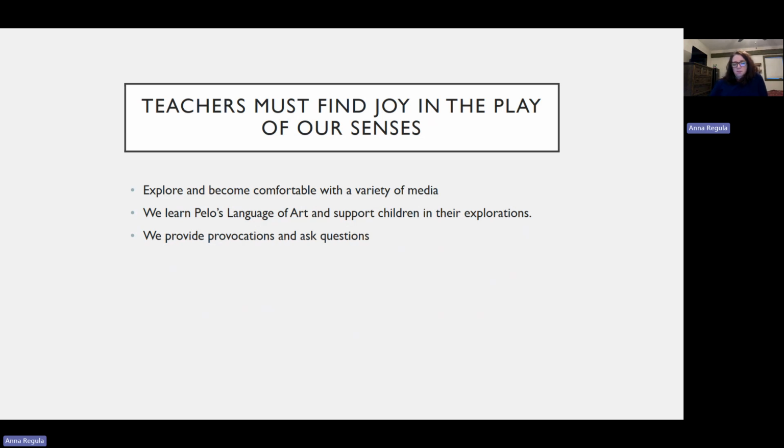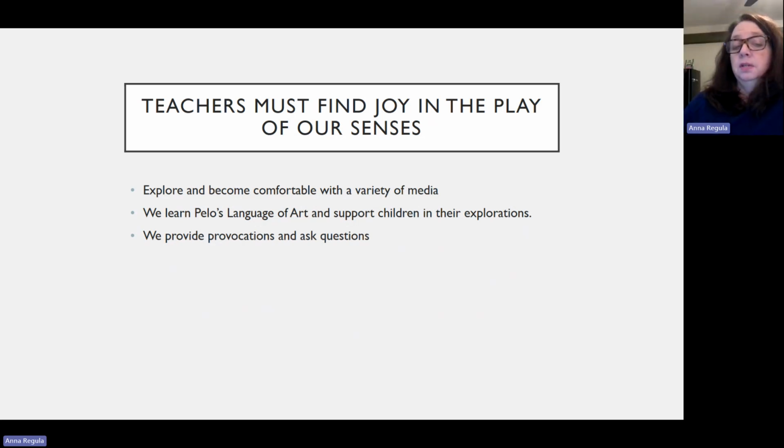And one of my favorite words I learned a few years ago is that we provide provocations, through our questions, through the materials we provide, the opportunities we create in our environment. I always used to think of a provocation as irritating someone, provoking them. And we are provoking children to find joy, to explore something, take a risk, but it's not a negative thing. So it's kind of interesting.